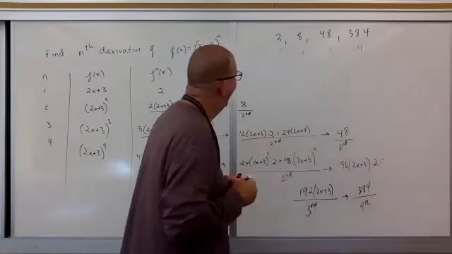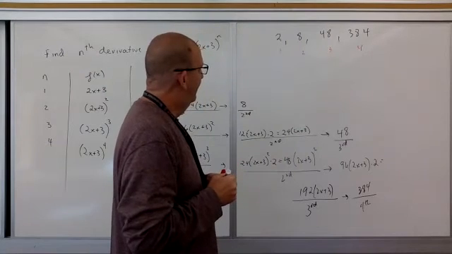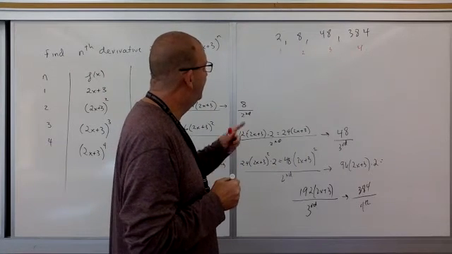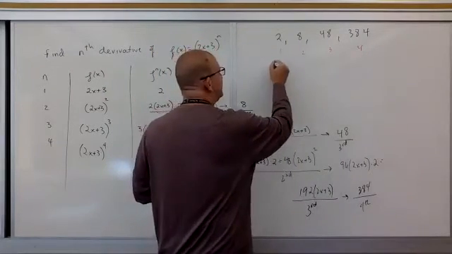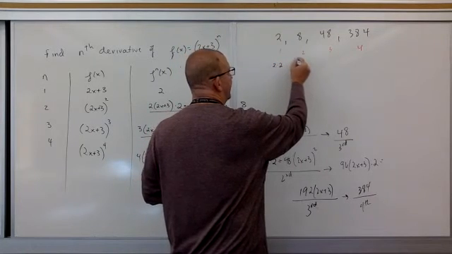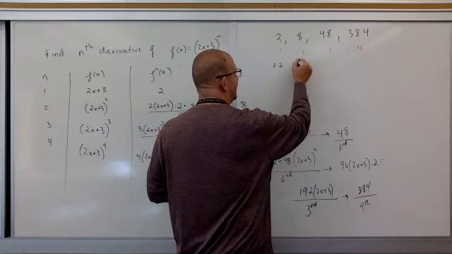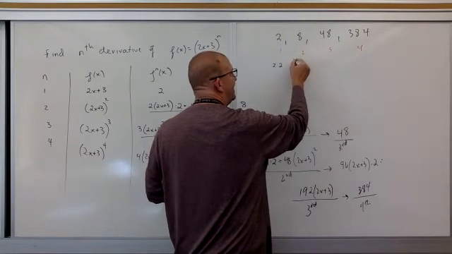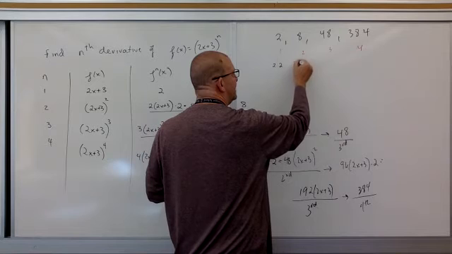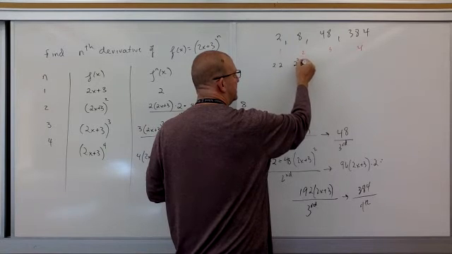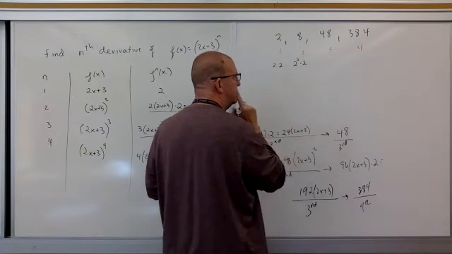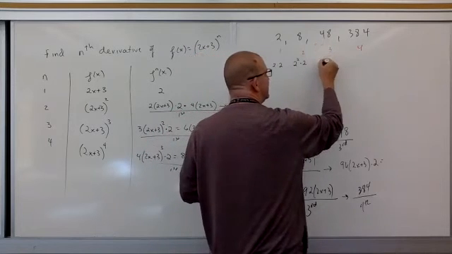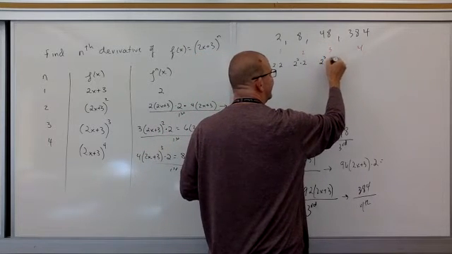Well, wait a minute. This is 2 times 1. This is 2, 8. Wait a minute. 2 squared times 2. This is 8 times 6. 2 cubed times 6.